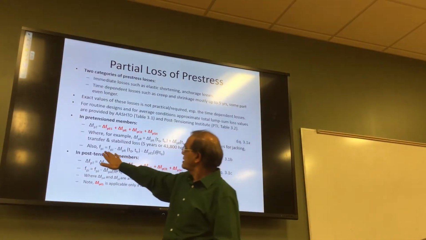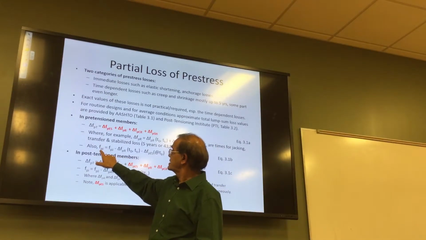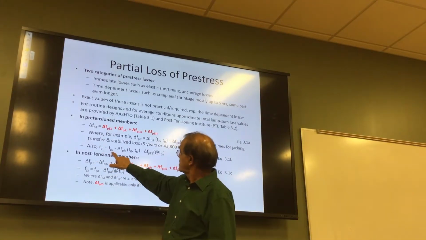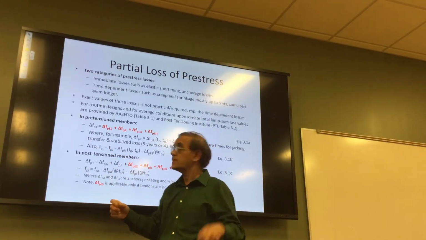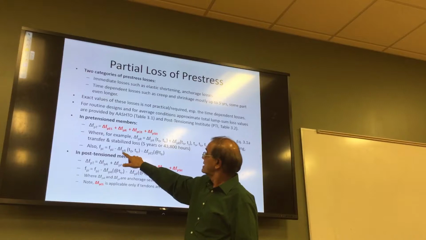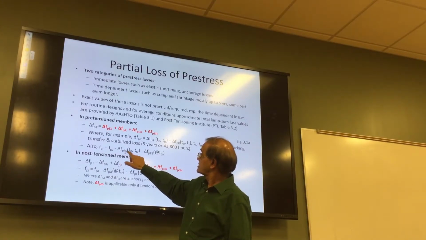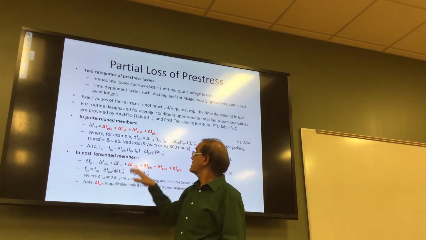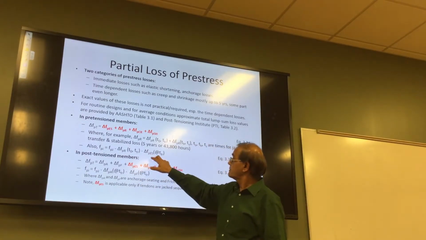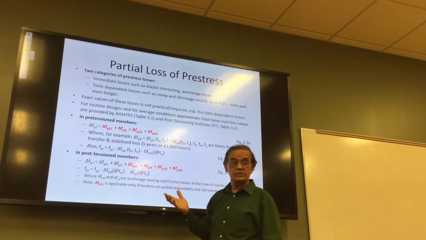Also FPI, which is the stress in pre-stress initial, is equal to FPJ, which is what you stretched it to, right? Minus the delta FPR for relaxation from there to there for the first 2-3 days, minus delta FPES for elastic shortening.